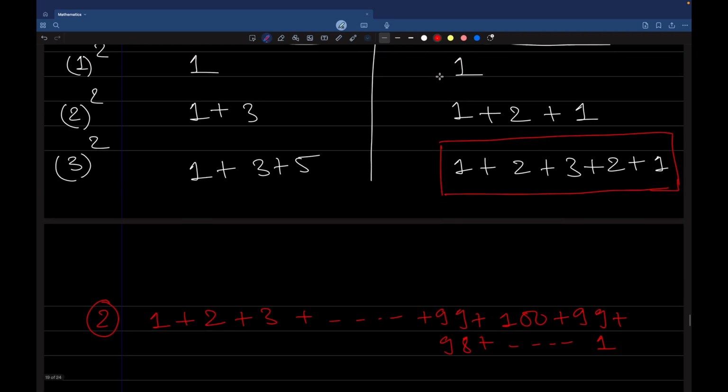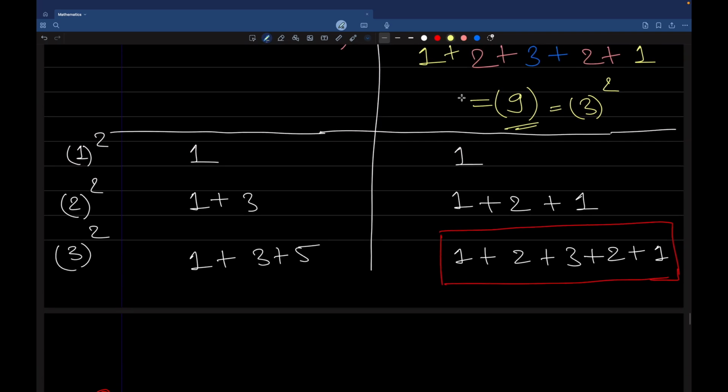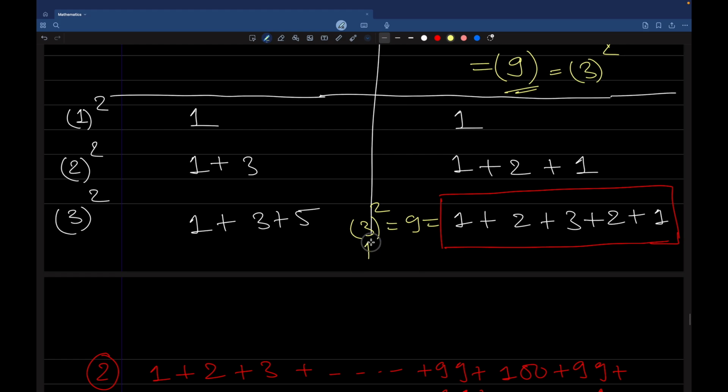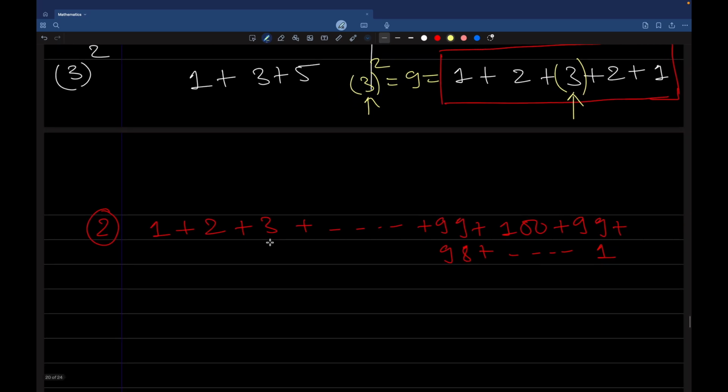There we get 1 plus 2 plus 3 plus 2 plus 1, with answer 9, equal to 3 square. Here 3 is the highest number in the sequence. So in this pattern, 100 is the highest number, so the answer will be 100 square, that is 10000.